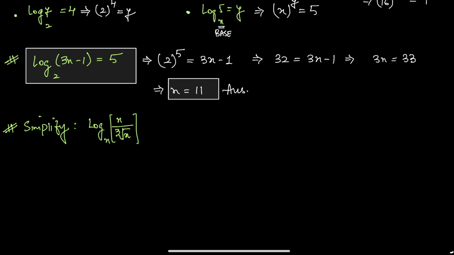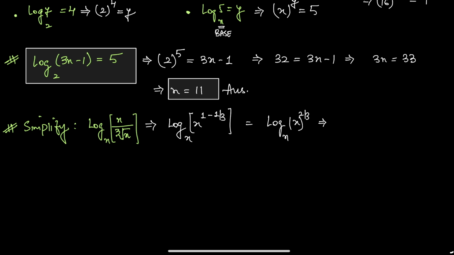So how can we solve this? First of all, I will write log x with power as 1 minus 1 by 3, and the base will remain x as it is. In the next step, this is log of x raised to the power 1 minus 1 by 3, that is 2 by 3, and this is your base x.